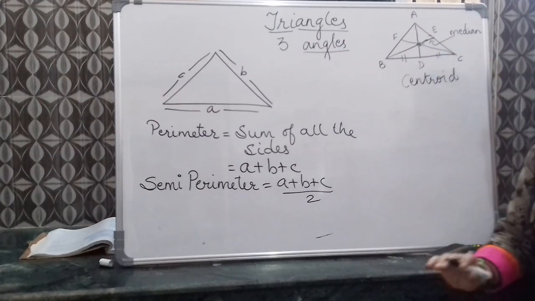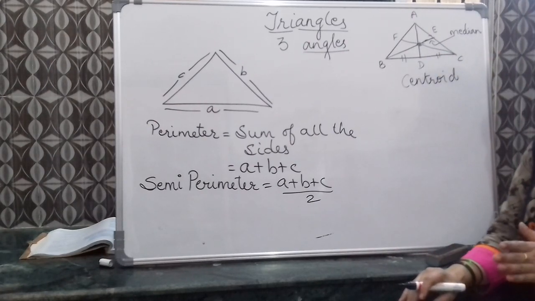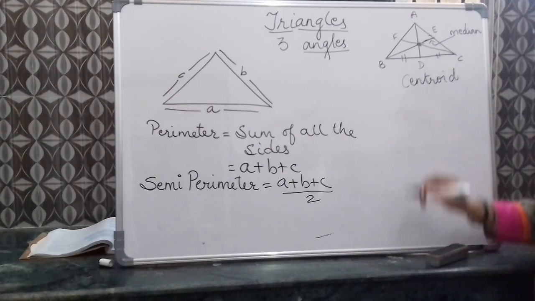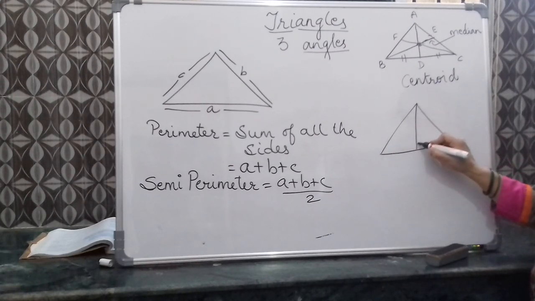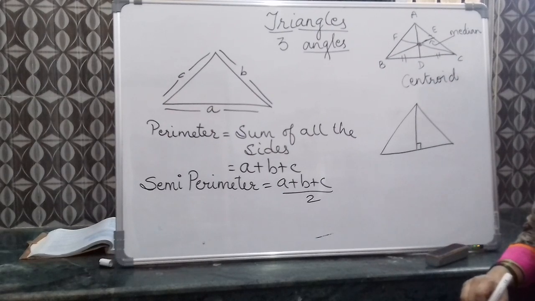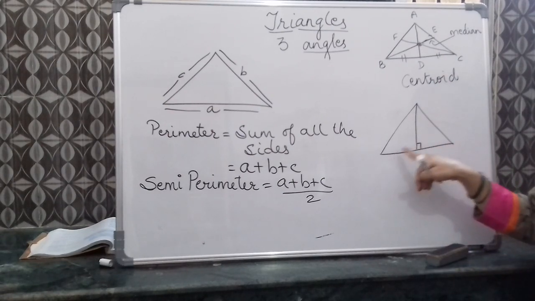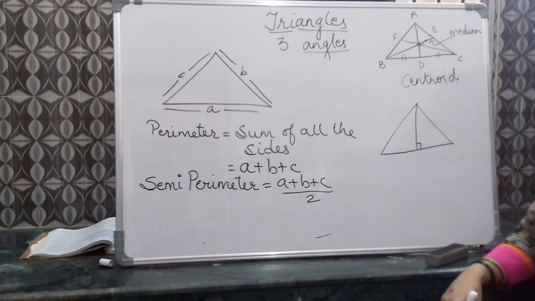The median which I am talking about is not necessarily the height of the triangle. It is not always the height, which means that if a triangle has a height like this, it is not necessary that this height will divide the base into equal halves.